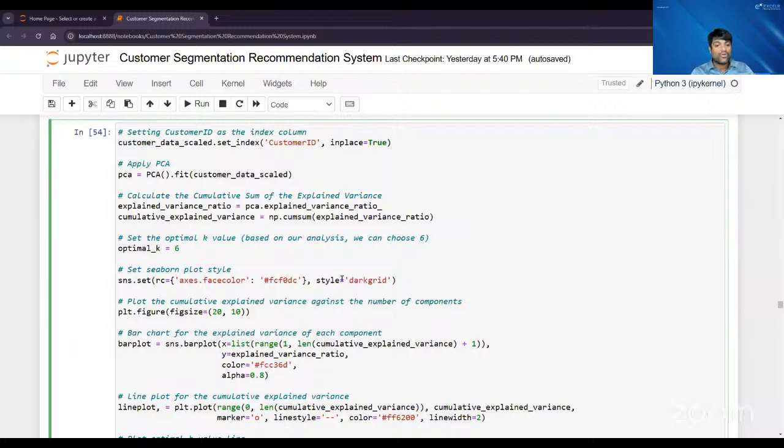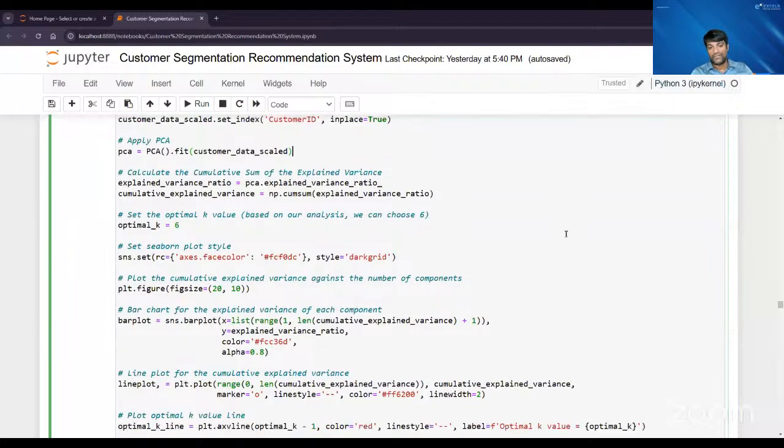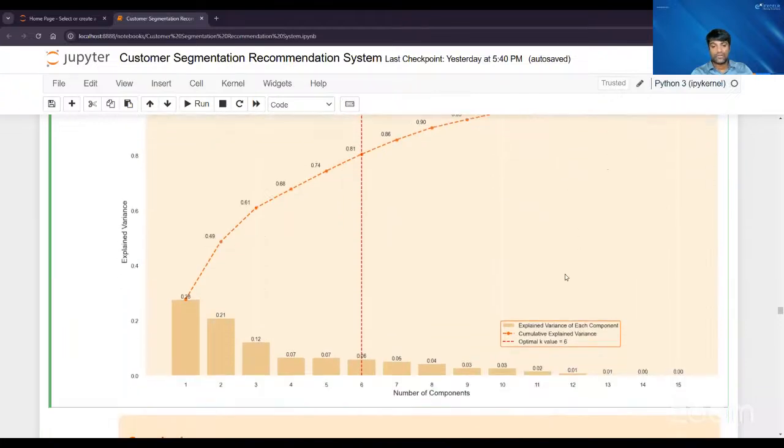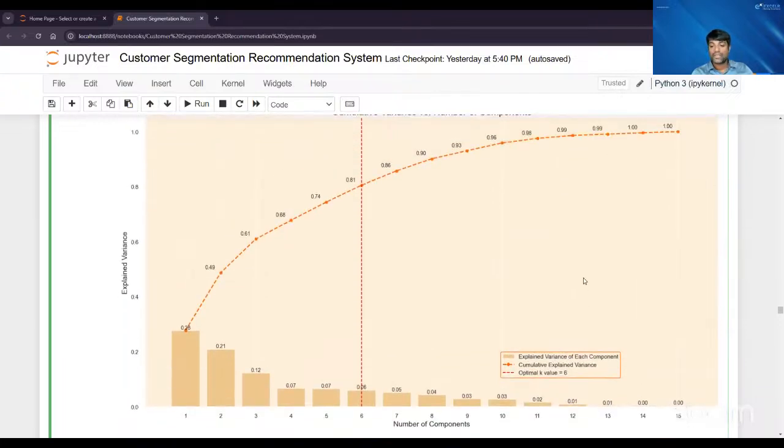The implementation is basically to fit the PCA on the scaled data we have created, and we plot the graph. Let me go to the graph first. You can see there are two parts in the graph: the number of components and the explained variance.